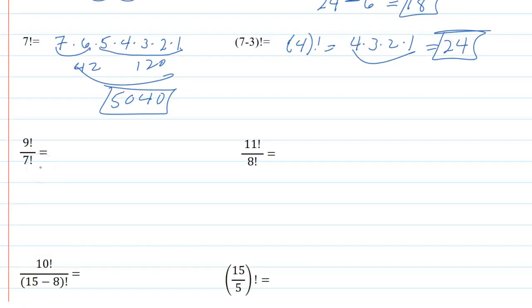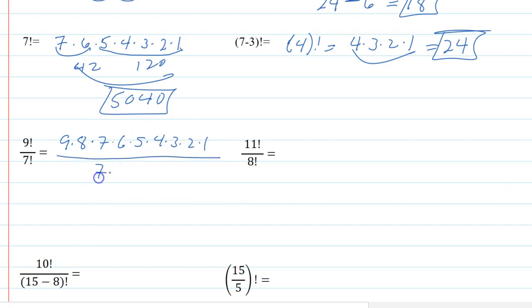All right, a couple more. Division. If I write these out, it's going to be 9 times 8 times... Now, the great thing about division is we can cancel top to bottom. If I don't have any pluses or minuses, I can simply cancel. Well, 1 divided by 1 cancels out. 2 divided by 2 cancels. 3's cancel, 4's cancel, 5's, 6, 7.